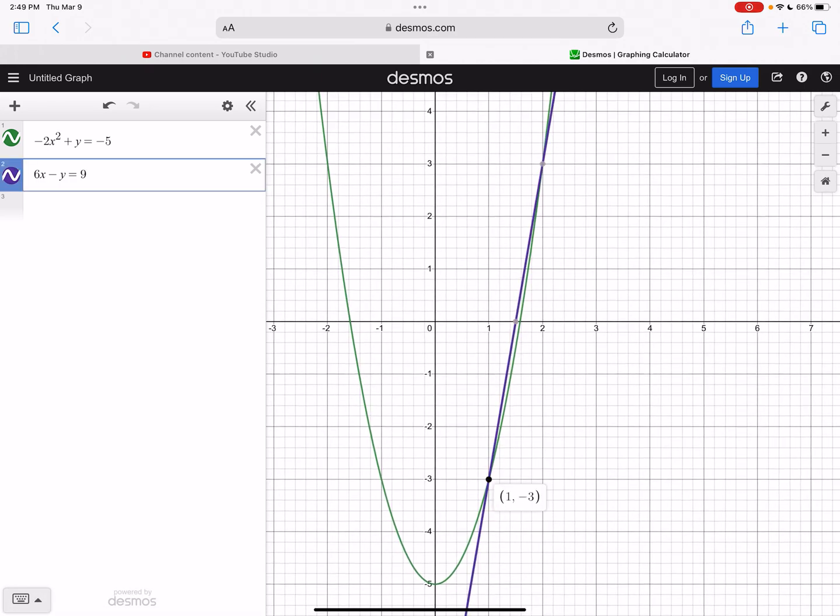I see that it crosses in 2 places. This is a parabola. The green one is the parabola. It has an x squared. And the purple one is a line. And it crosses in 2 places, at the point 1 comma negative 3 and at the point 2 comma 3.